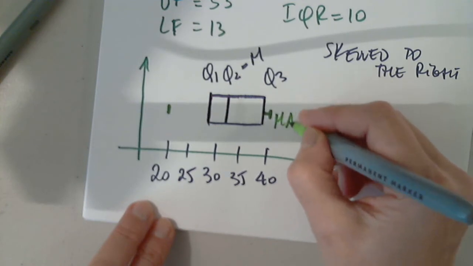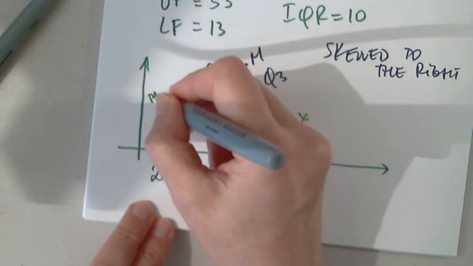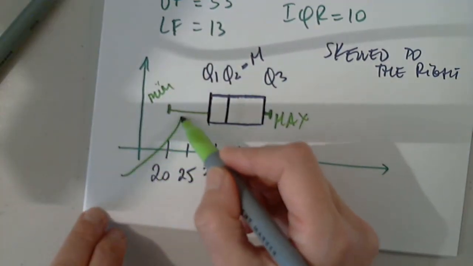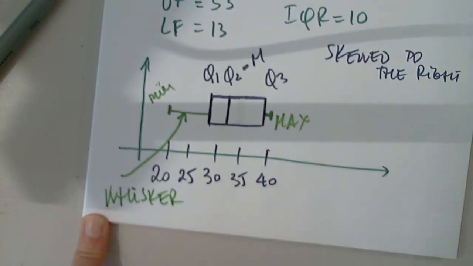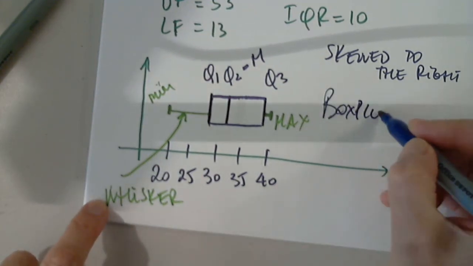So this is the maximum. And I will connect the other side to the minimum. These are called whiskers. This is a whisker. And this is what we call a box plot. One word, box plot.